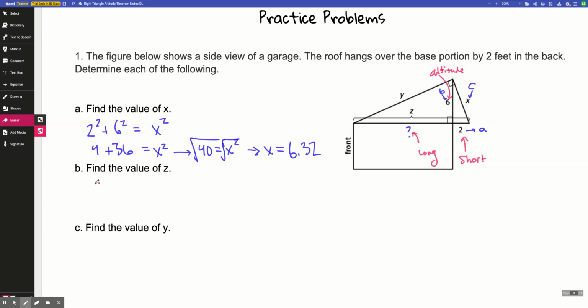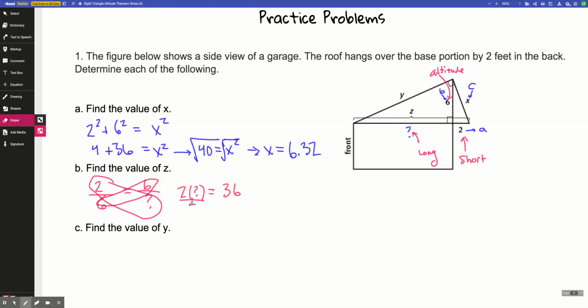Okay, so I have short, which is 2, over altitude, which is 6, equals altitude 6 over long, which is my question mark. Okay, I'm going to do my cross multiplication so that I can solve this. So I end up with 2 times my question mark, or like I said in the previous video, you can use a variable. I just used a question mark. Okay, equals 6 times 6, which is 36.